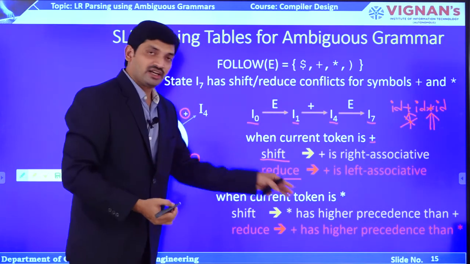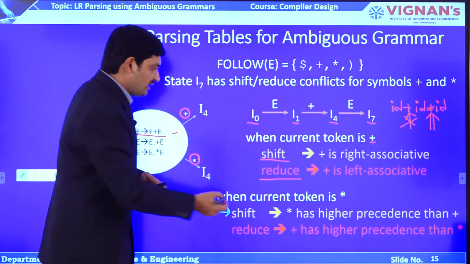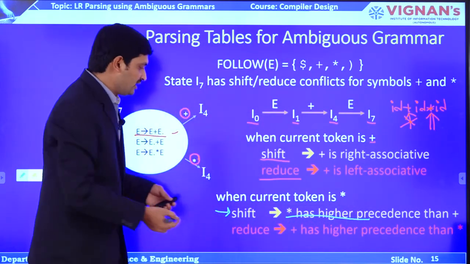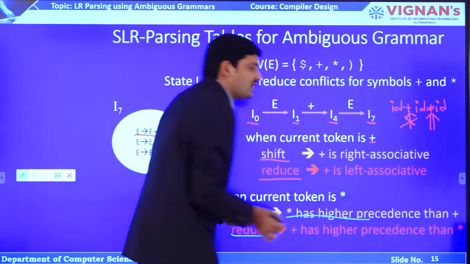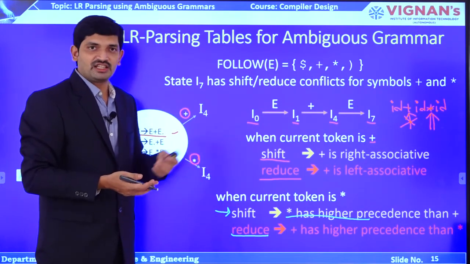Next, if the current token is star, we apply the shift operation when star has higher precedence than plus, and we apply the reduce operation when plus has higher precedence than star. Now, the question: how can we decide whether plus or star has the higher precedence?